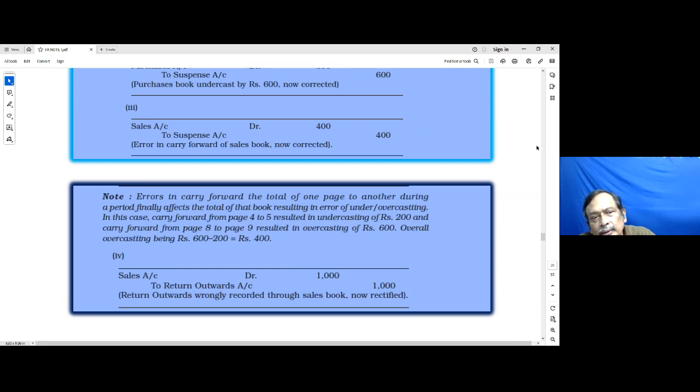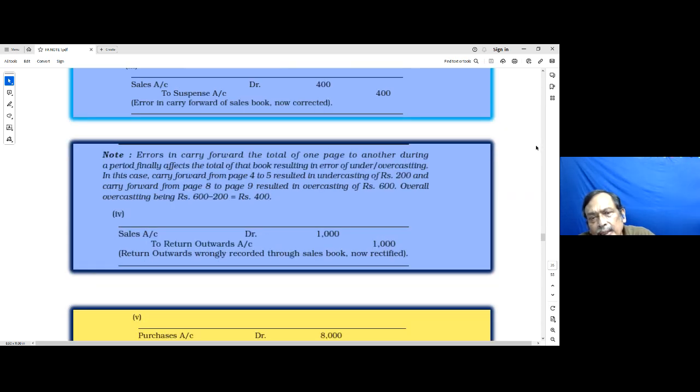Now, errors in carry forward of the total of one page to another during a period finally affect the total of that book, resulting in error of under or overcasting. In this case, carry forward from page 4 to 5 resulted in undercasting of rupees 200, and carry forward from page 8 to 9 resulted in overcasting of rupees 600.